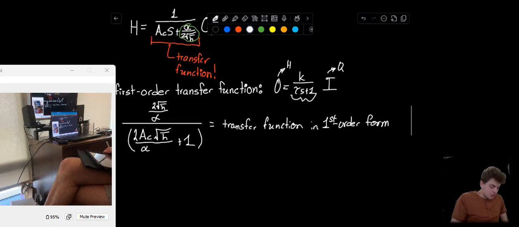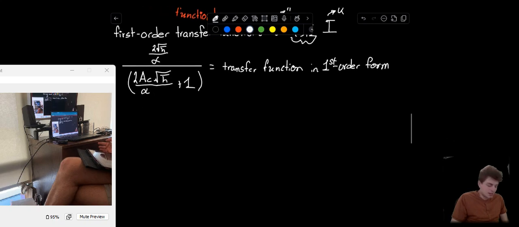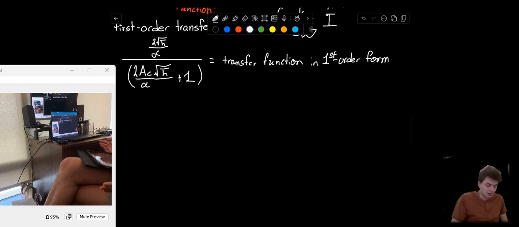Okay, so what was the purpose of doing that? The purpose is that there's actually a Laplace transform that's really easy to manipulate from this form.